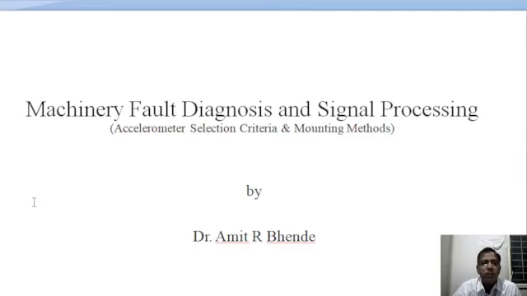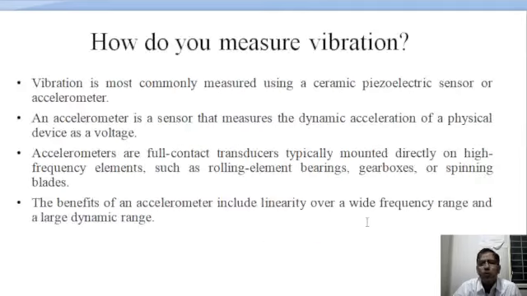Now, how do you measure vibrations? We know that vibrations can be measured in terms of displacement, velocity and acceleration. Depending upon the excitation frequency, these vibration measuring parameters are selected.